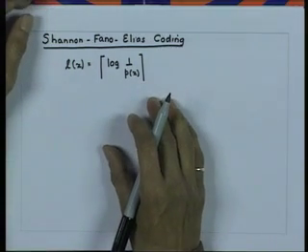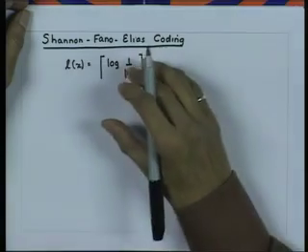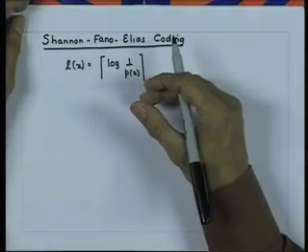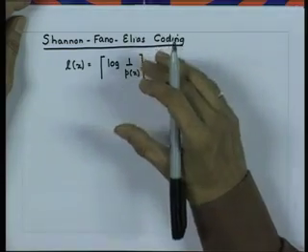Now we will consider a simple constructive procedure which uses the cumulative distribution function to allot code words, and this is the idea which is used in Shannon-Fano-Elias coding. Before we begin our development of arithmetic coding or Shannon-Fano-Elias coding, let us establish some notation.